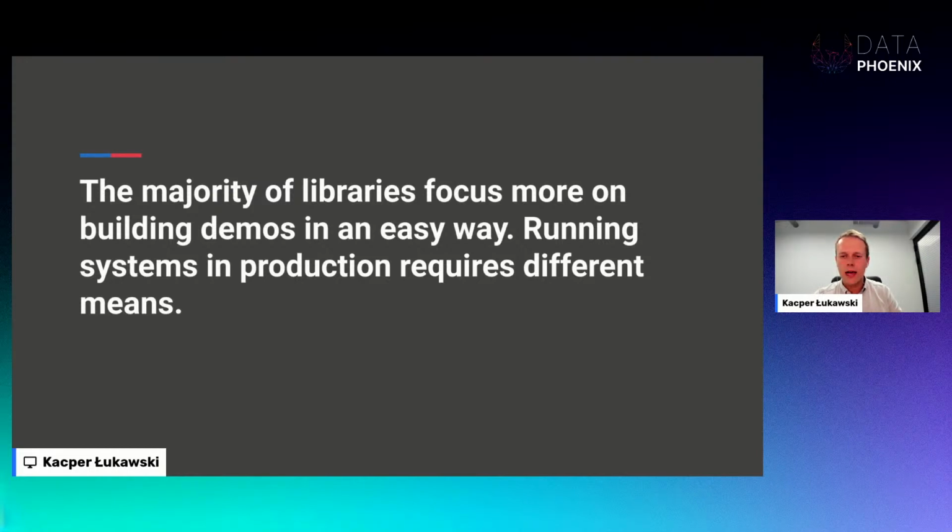So you can write a single file with, I don't know, a few dozen lines of code, and that will be a working system that you can expose as some sort of Streamlit application. But Streamlit is not a tool that you would be using for a production system.